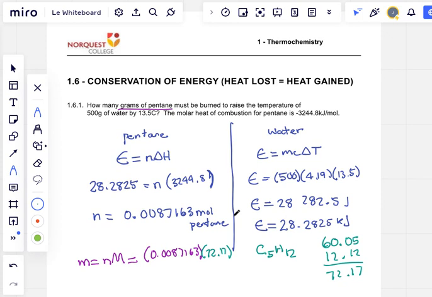0.0087163 times 72.17, and I get 0.62906 grams of pentane. And having gotten here, let's look at significant digits.